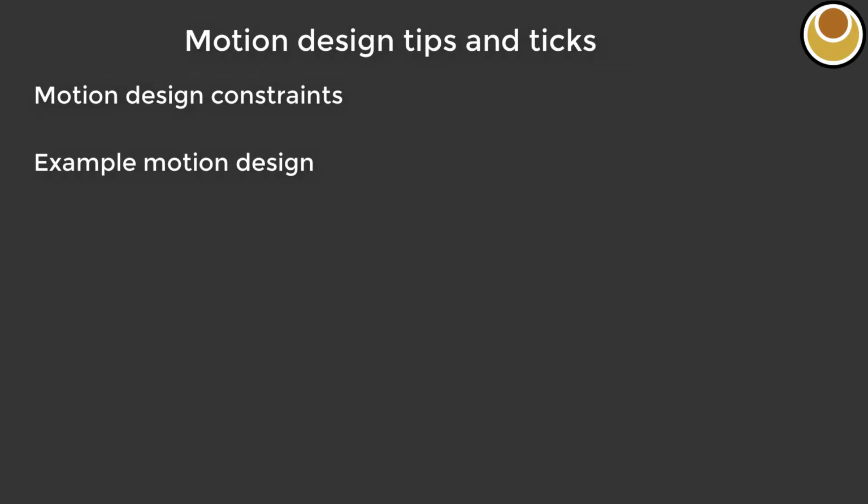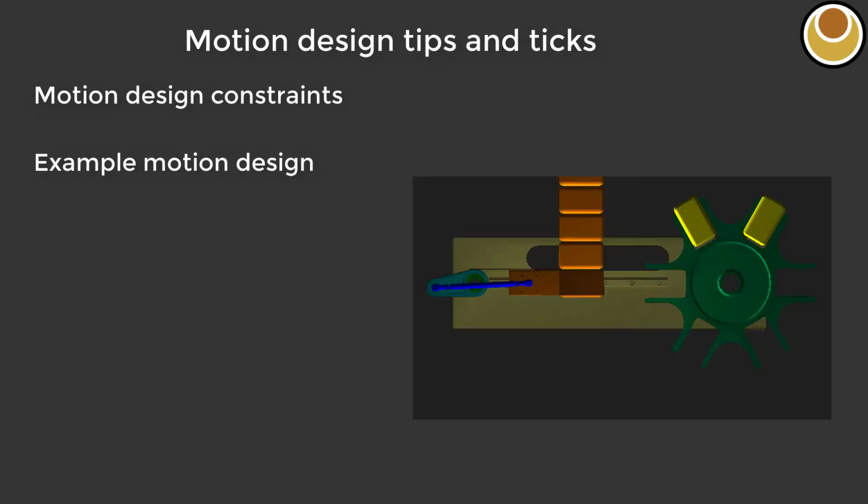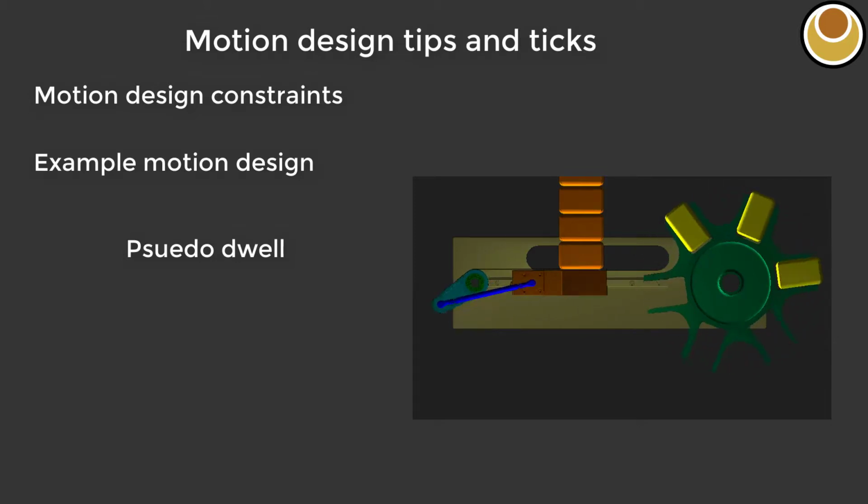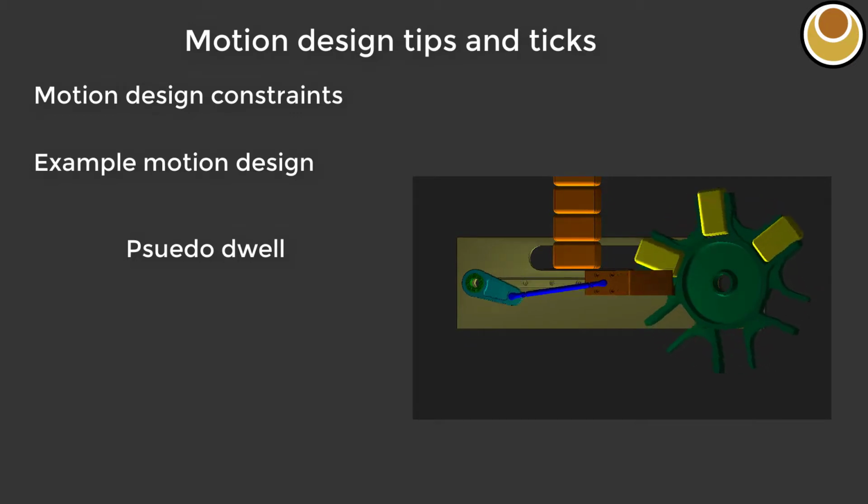Then we've gone through an example, a very simple example, just two design axes, and have considered two tricks. The first of which was the pseudo dwells, which you can achieve using control of the jerk in the start and end of motion segments, particularly the flexible polynomial.